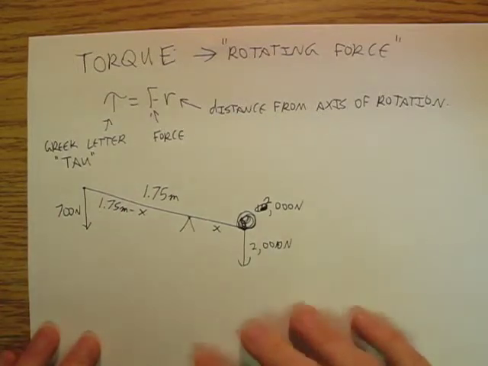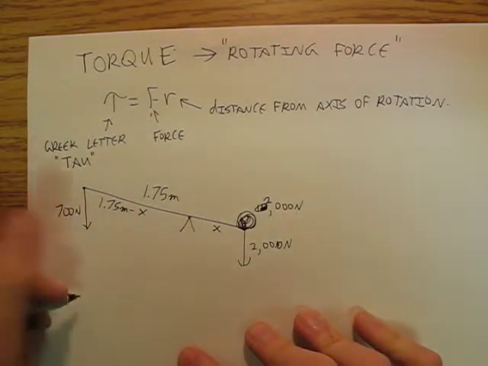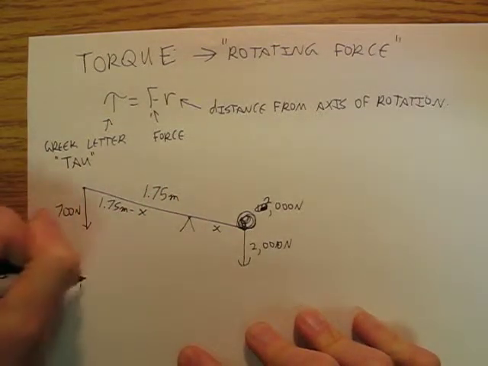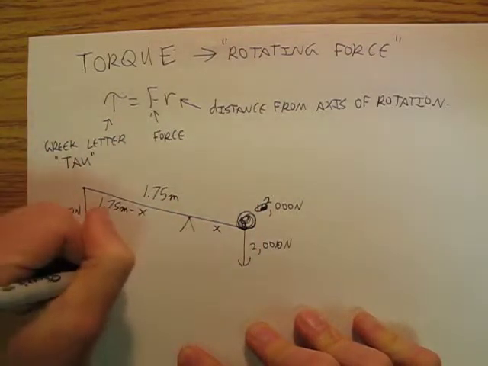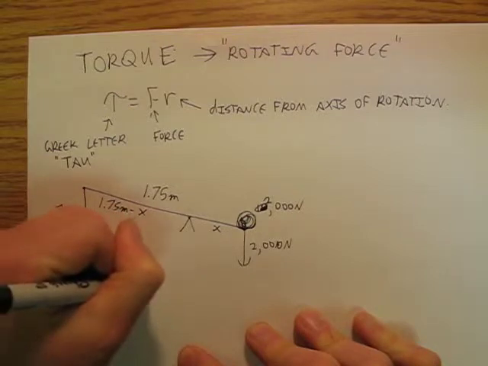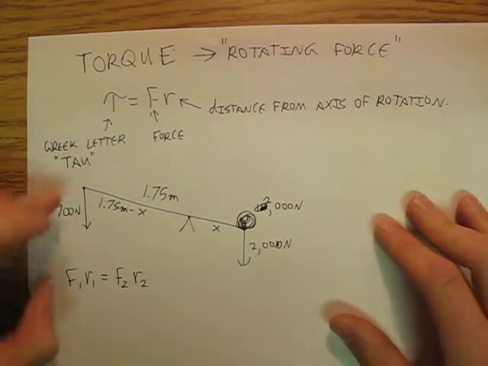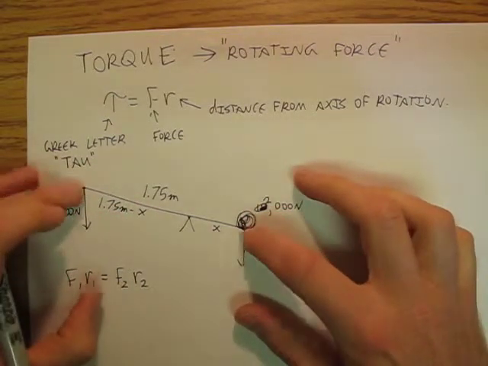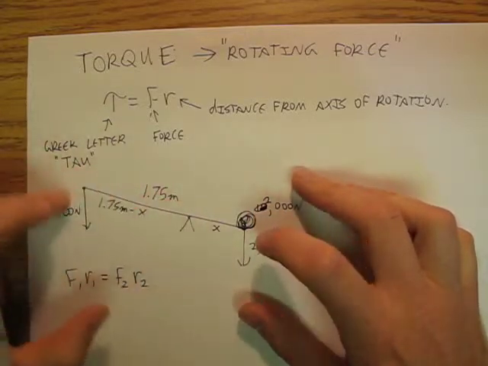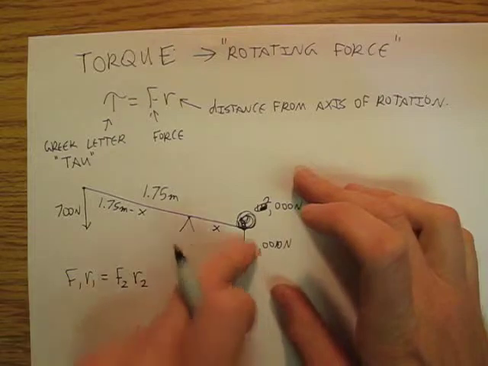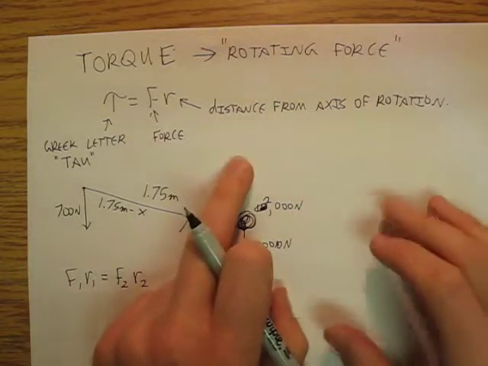Well, what I know is I want that force 1 times radius 1 to be equal to force 2 times radius 2, so that if I have equal torques on either side, or slightly more torque on this side, then I'm going to be able to lift the rock.